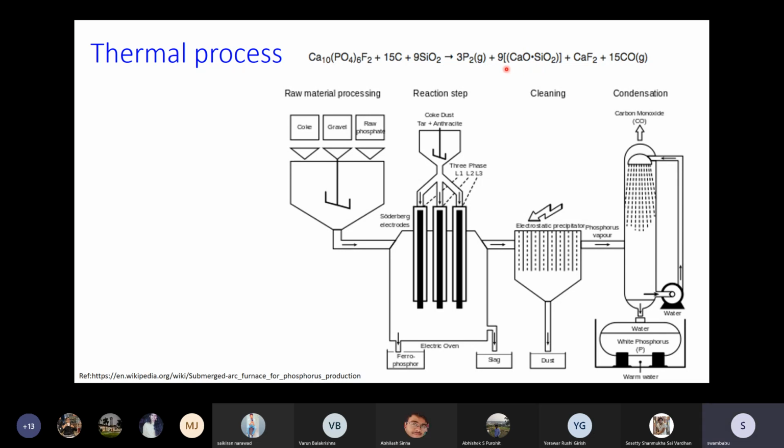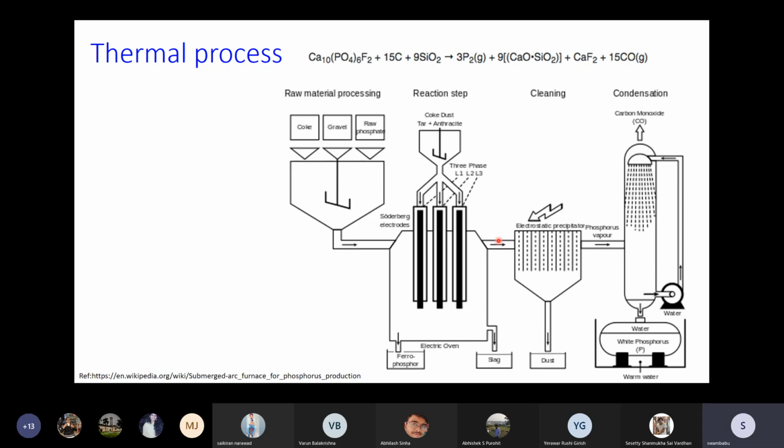This is the slag, CaO.SiO2. This slag will be in liquid form. That slag will be removed from this oven, and the phosphorus vapors and carbon monoxide vapors will come outside from this oven.